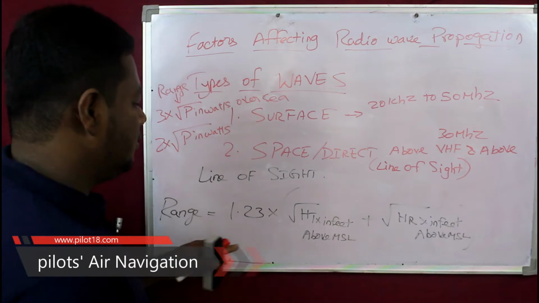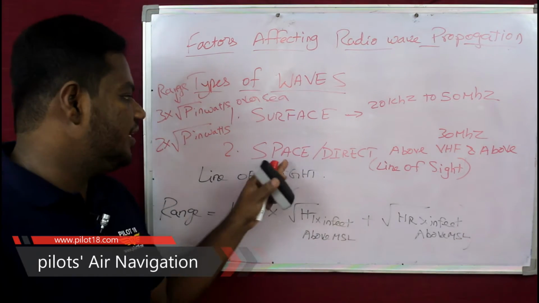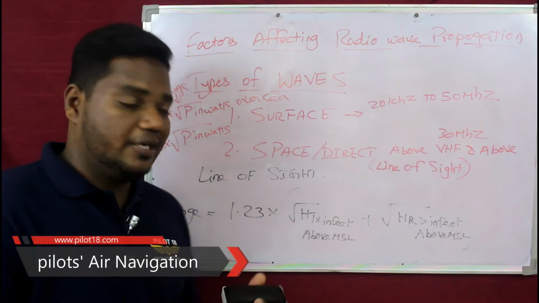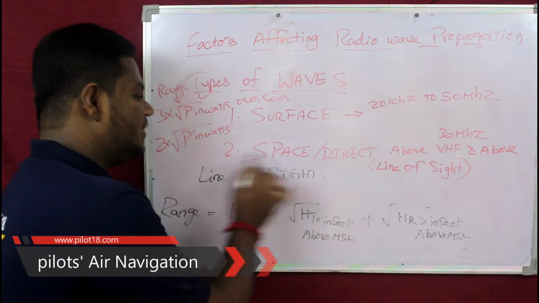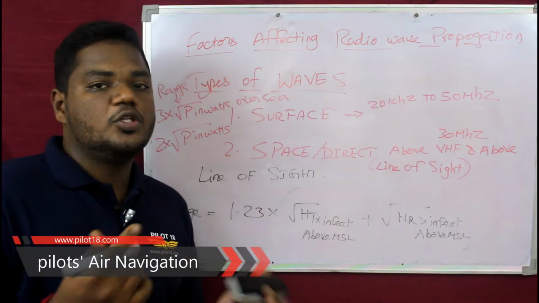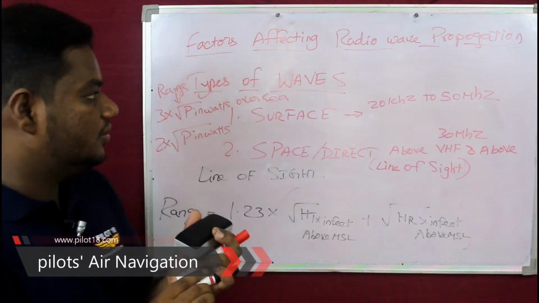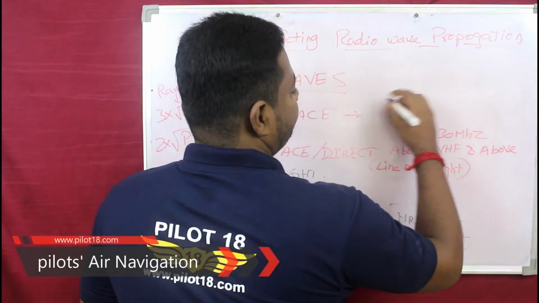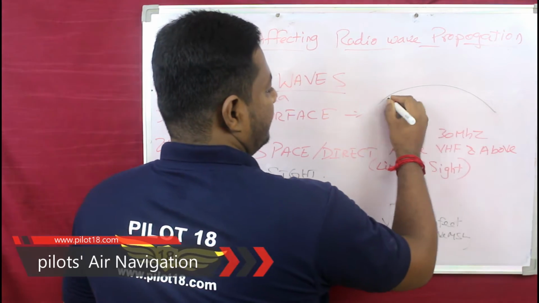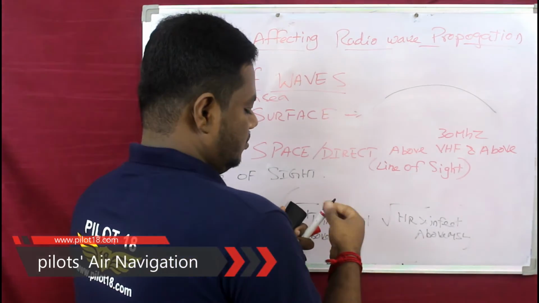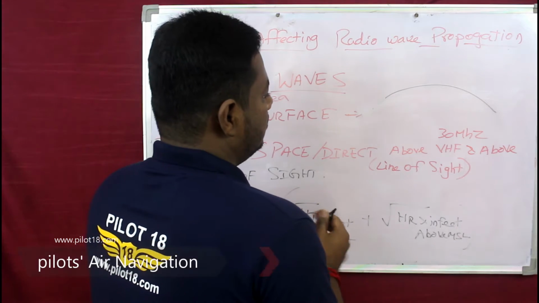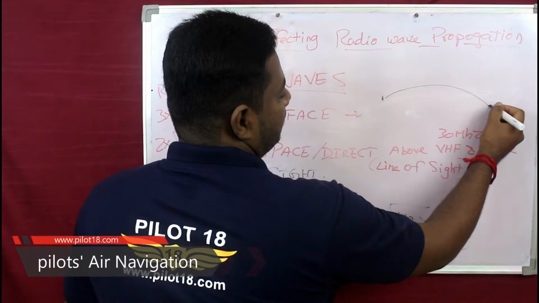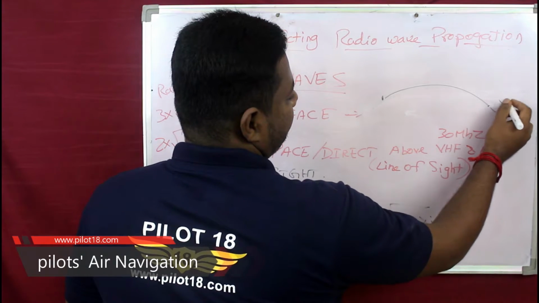Okay, so when you are using VHF and above radio waves for communication or navigation requirements, if you are below this line of sight range, you will get no signal. Let me draw one small diagram so that you will understand. If this is Earth, right? Now the transmitter is here and the aircraft is here.